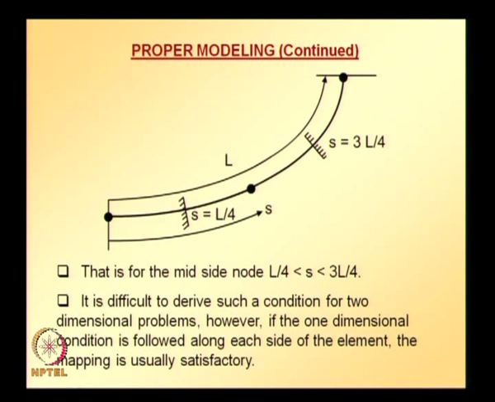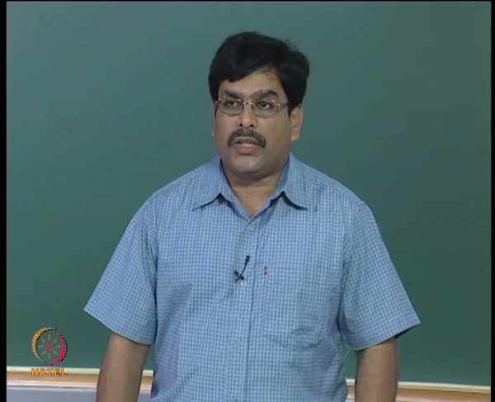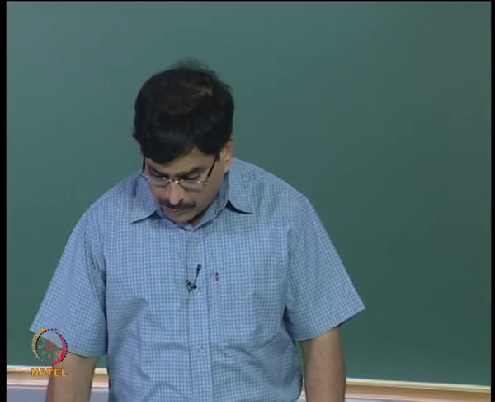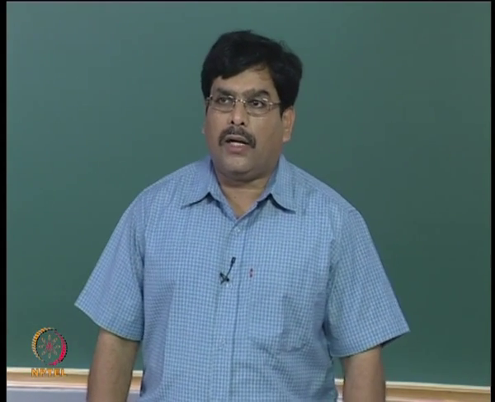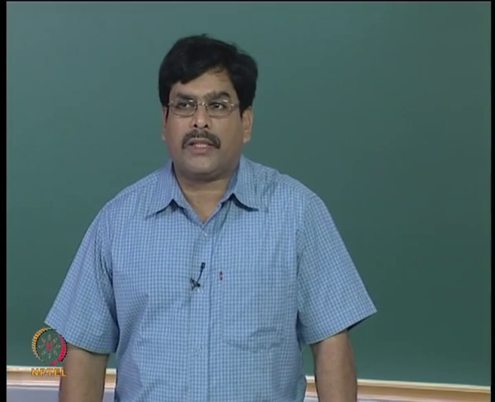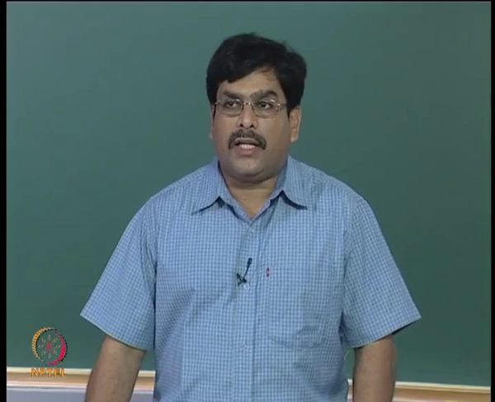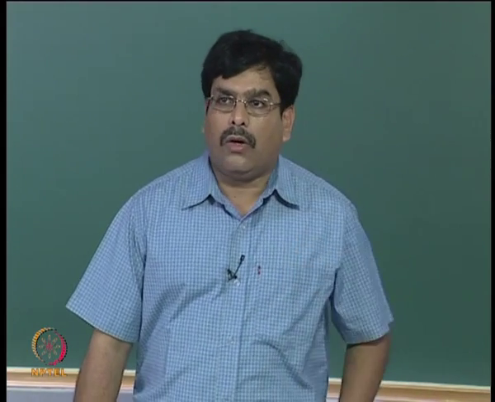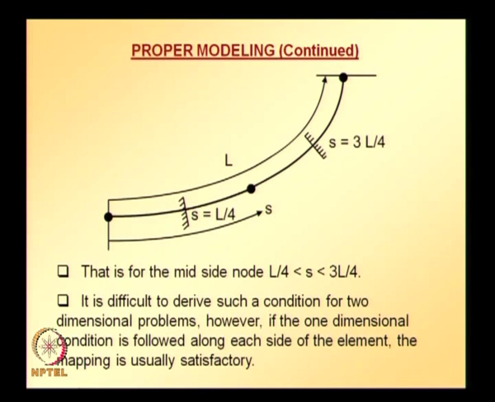However, if the 1 dimensional condition is followed along each side of the element, the mapping is usually satisfactory. So there is nothing special with respect to the 2 dimensional element. Whatever condition we derived for the 1 dimensional element, we need to check for each of the sides of a 2 dimensional element for the mapping to be satisfactory.